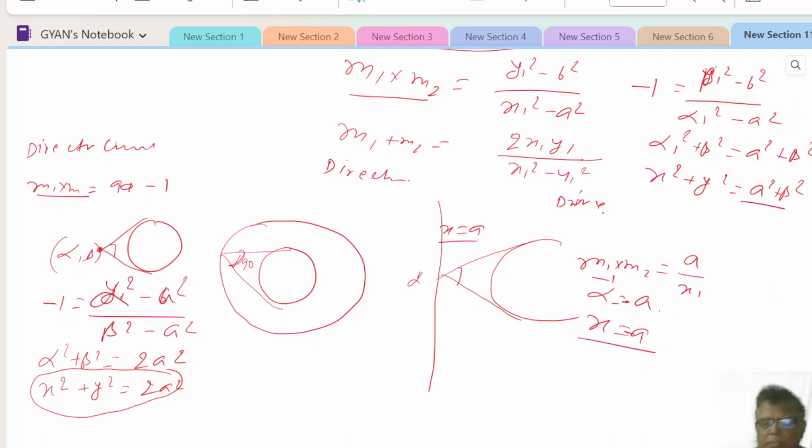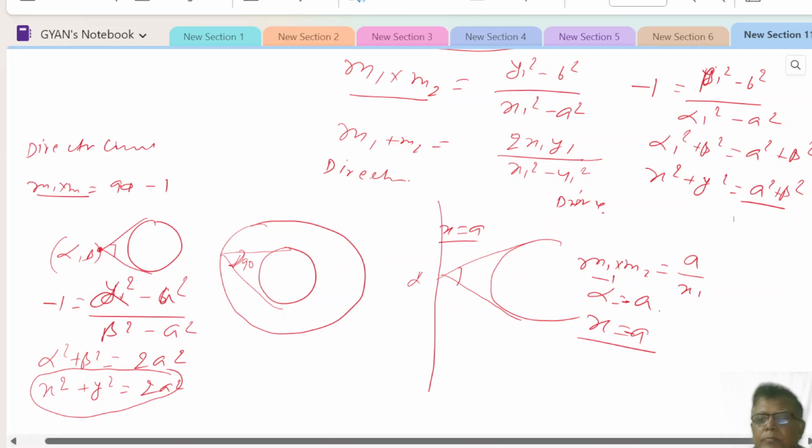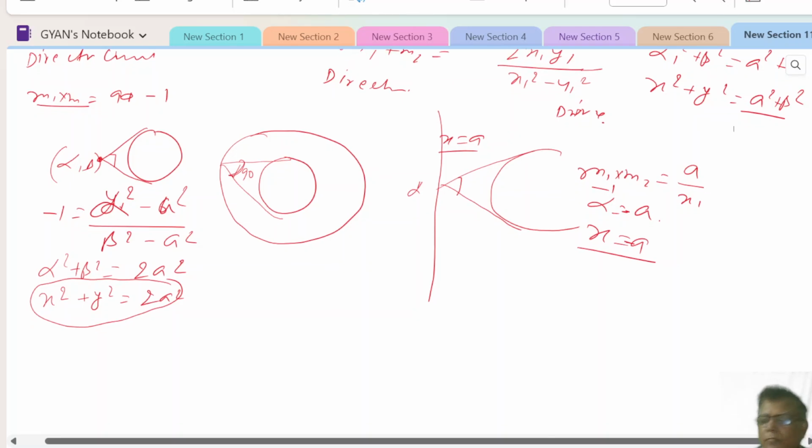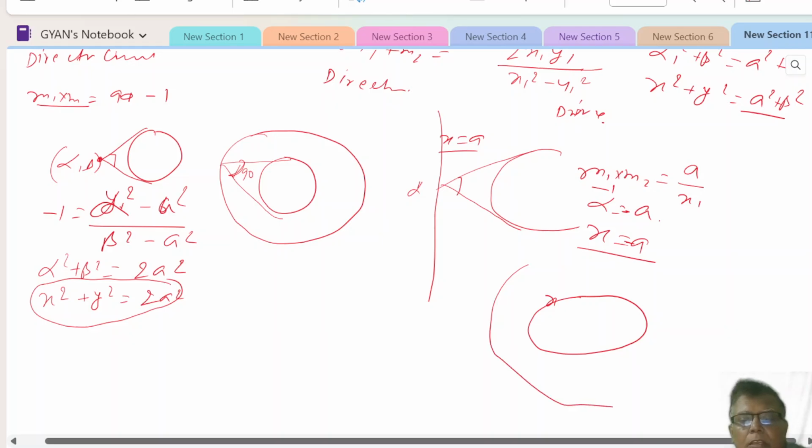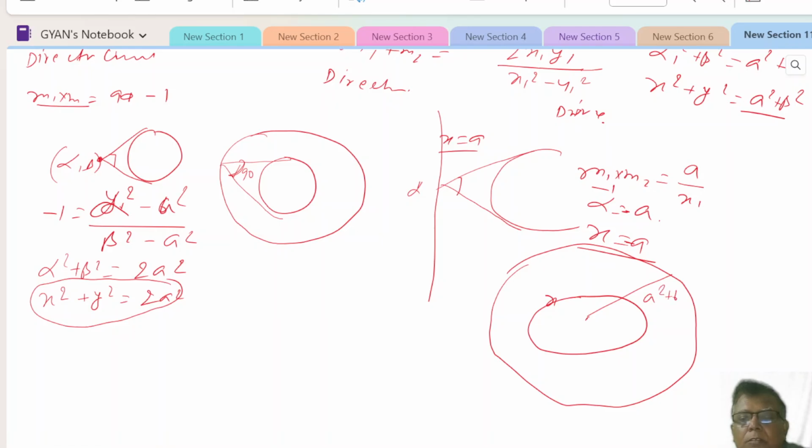So the director circle of the ellipse is this, and the radius of this one is root of a square plus b square. If we draw the circle with the major axis as a diameter, this is called the auxiliary circle.